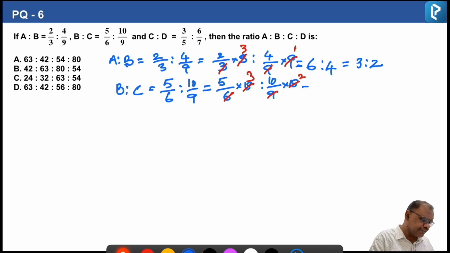So, what do you get? 5 3s 15. 10 times 2, 20. 15 and 20 both are divisible by 5. 5 times 3, 15. 5 times 4, 20. So, the final ratio is 3:4.